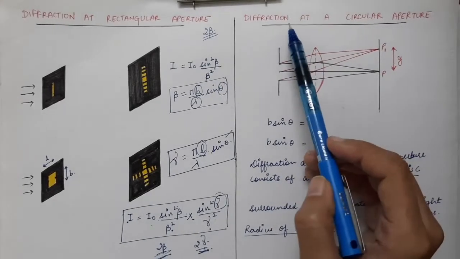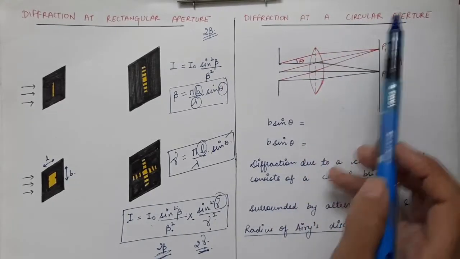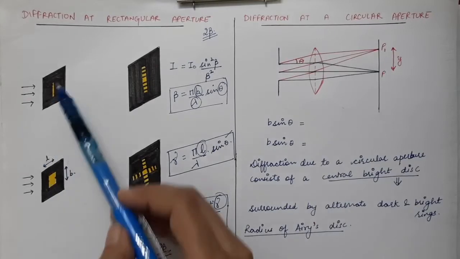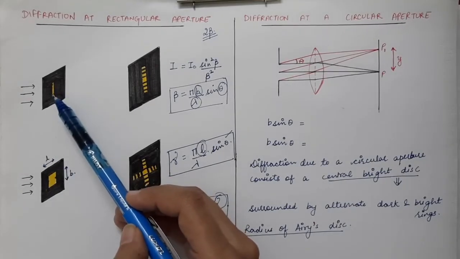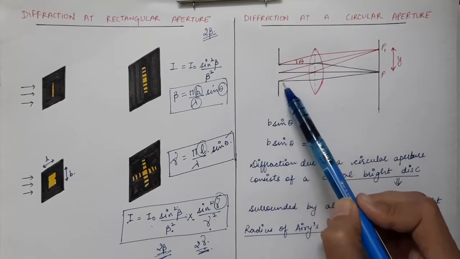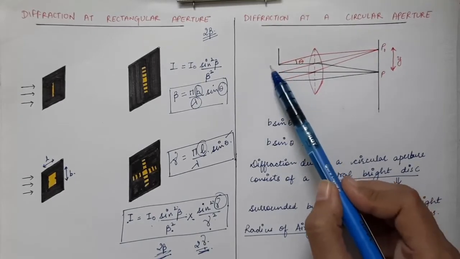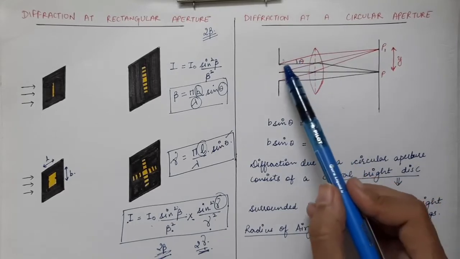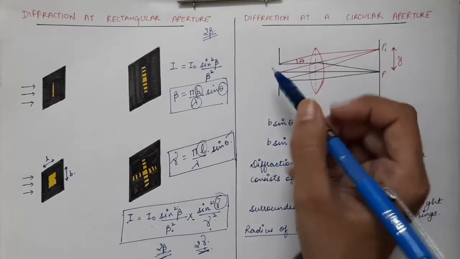Now we are going to see the diffraction at a circular aperture. Instead of a rectangular aperture or a single slit, we will have a circular aperture. So the slit will be in circular form over here. We have drawn only the cross section of the slit.